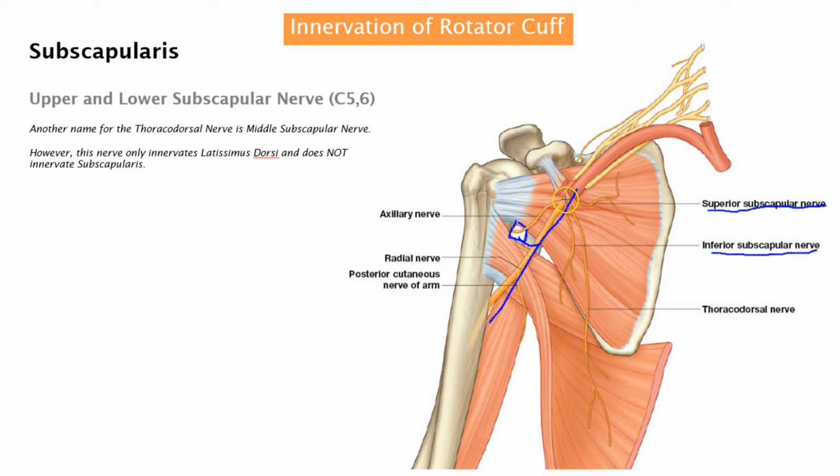But this is the posterior cord, this thicker yellow structure here. And so we have this superior subscapular nerve. We have this inferior subscapular nerve. Note we have a middle subscapular nerve as well. That's also known as the thoracodorsal nerve. The arterial supply for the subscapularis is from various branches of the axillary artery.